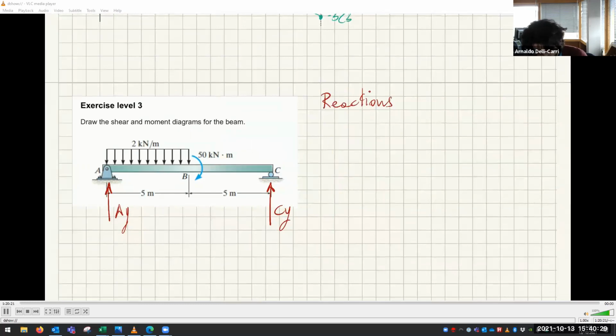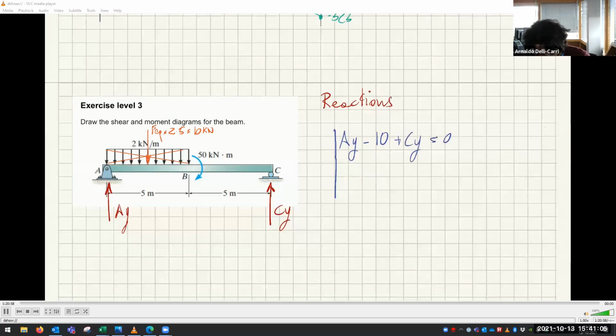For reactions, we have AY minus, remember, this is the equivalent load that is applied here in the middle. And this is 2 kilonewtons per meter times 5. This gives 10 kilonewtons. So minus 10 plus CY equals 0.